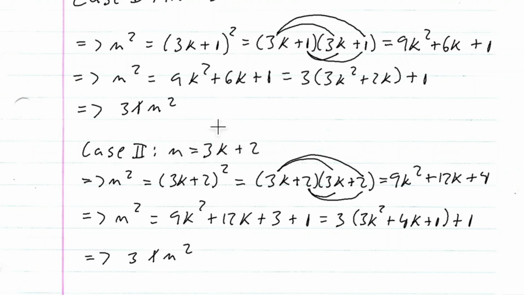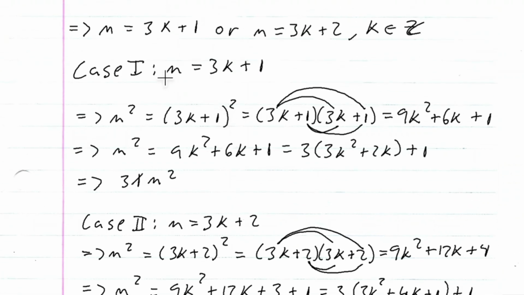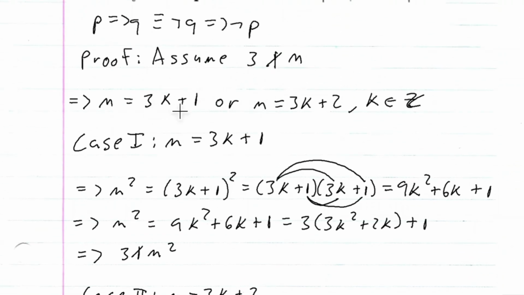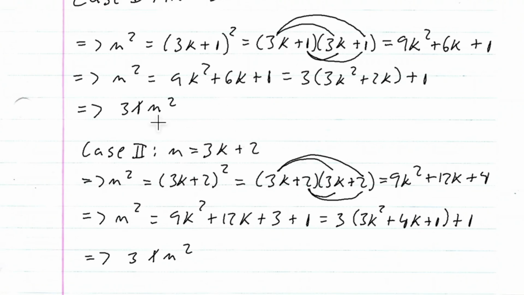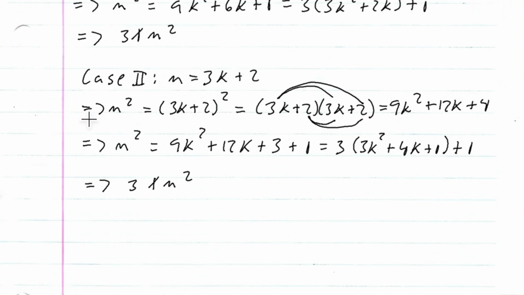So in both cases, if we have that 3 doesn't divide m, then we know that 3 won't divide m squared. And that's what we wanted to prove. So in all cases, 3 does not divide m squared.